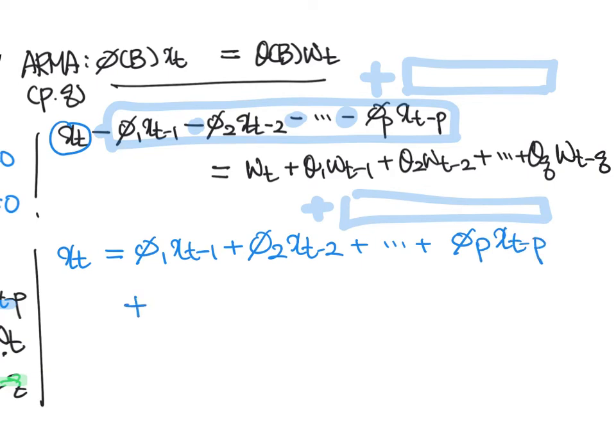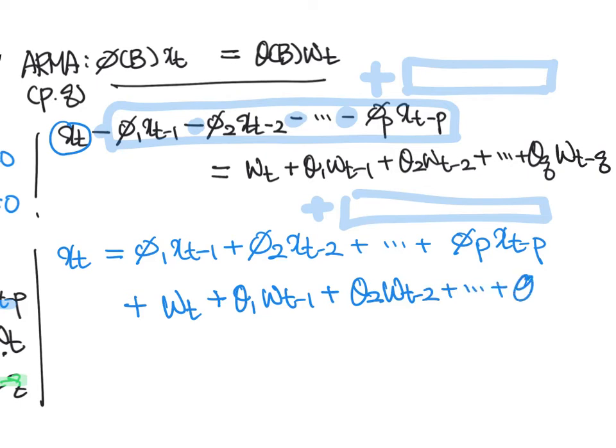And the second term is the MA terms, the linear summation of the white noise, with theta 1 w t minus 1 and theta 2 w t minus 2, up to theta q w t minus q.